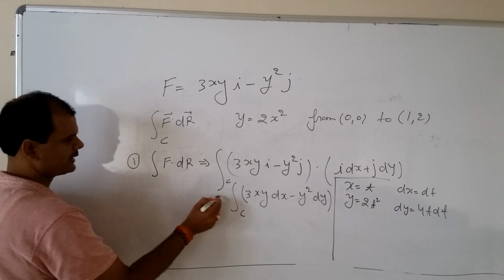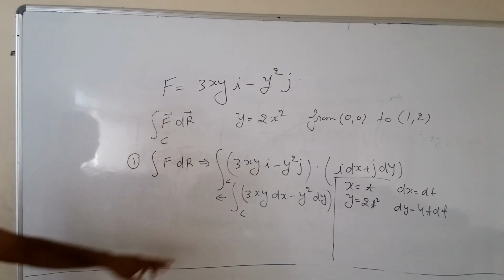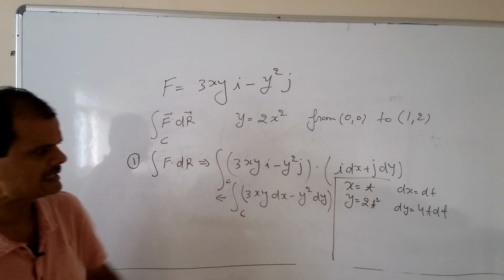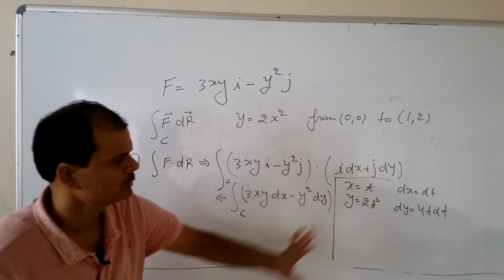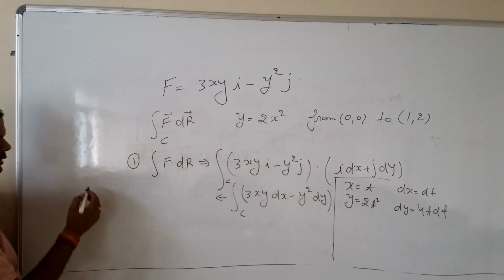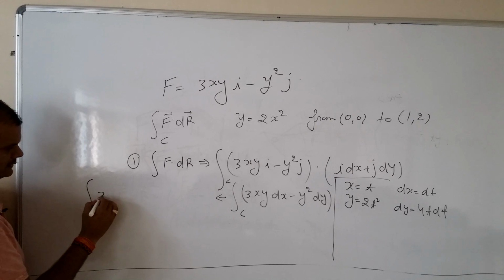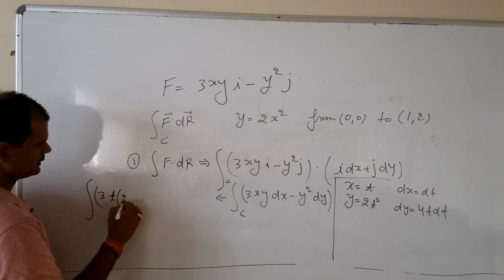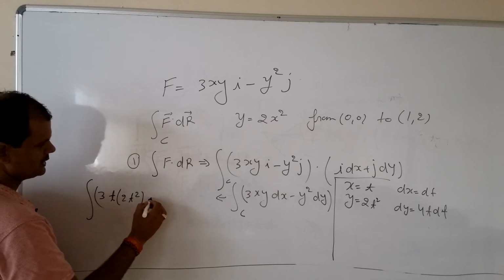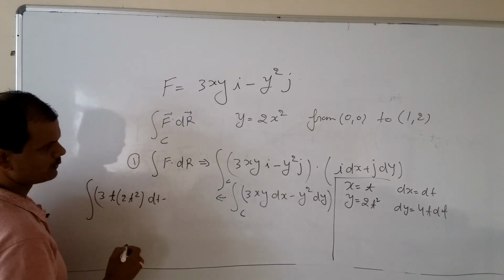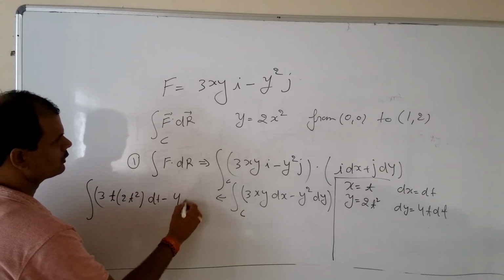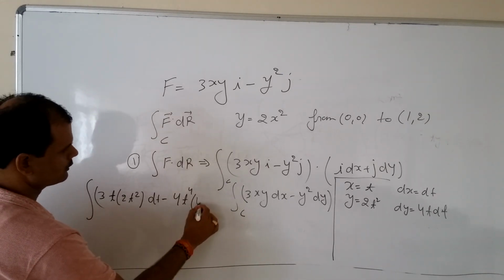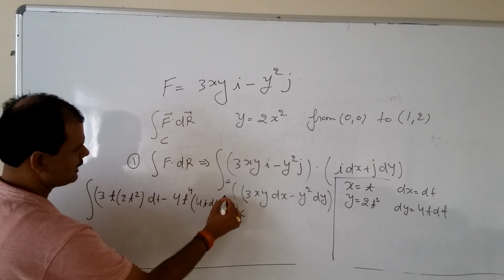So in the place of x we put t, in the place of y we put 2t square, in the place of dx we put dt, in the place of dy we put 4t dt. So your expression will be 3t times 2t square dt minus 4t power 4 times 4t dt.